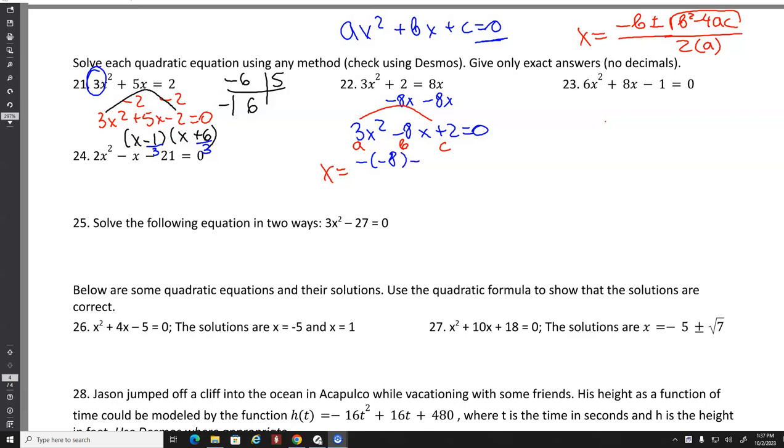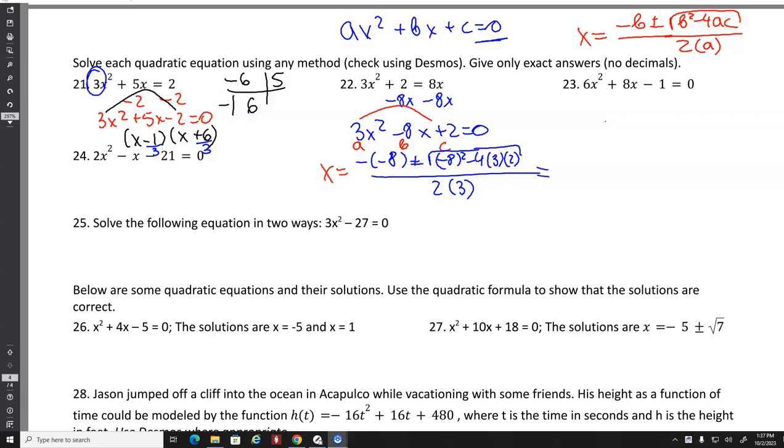Very important. Plus or minus the square root of negative 8 squared, minus 4 times a, which is 3, times c, which is 2, divided by 2 times 3, which is a.